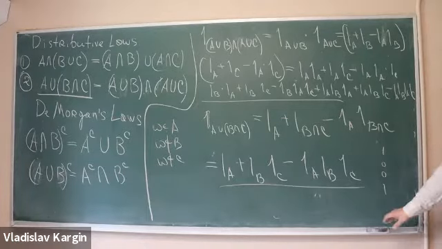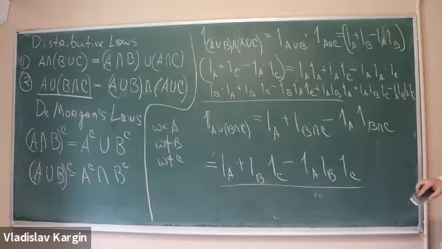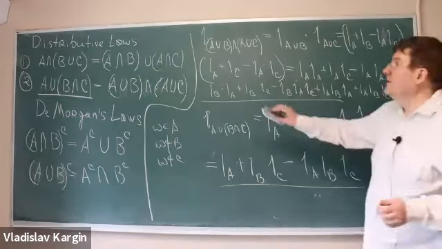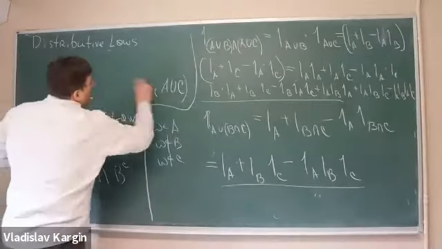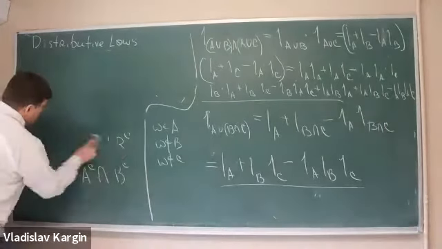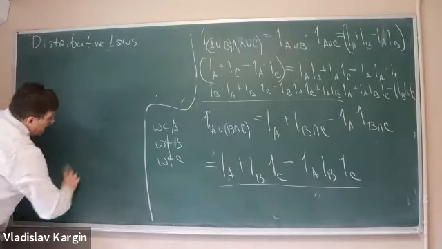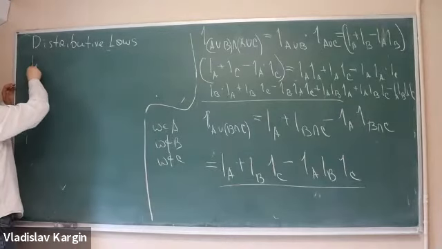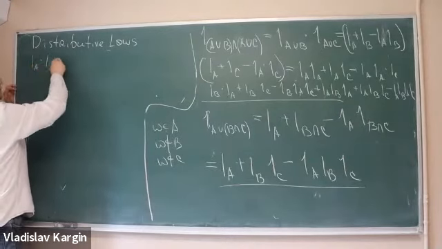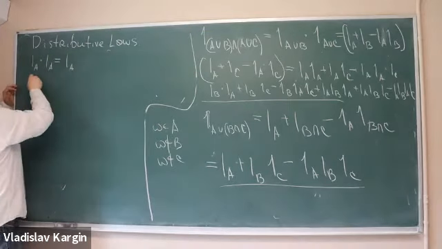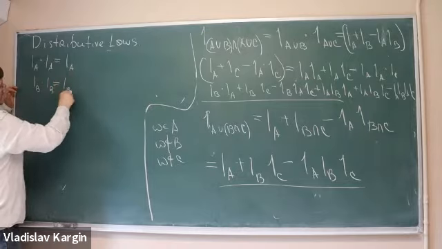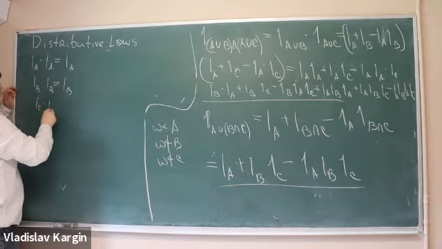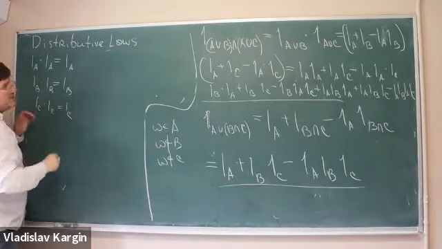So I can use the property that 1A times 1A is equal to 1A, 1B multiplied by 1B is equal to 1B, and 1C multiplied by 1C equal to 1C. So this simplifies.